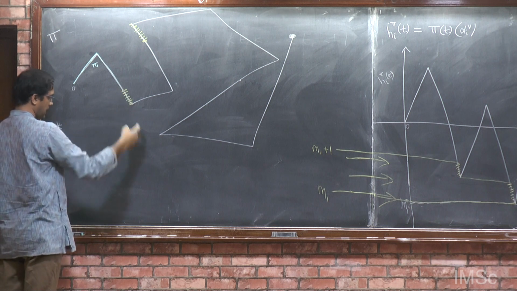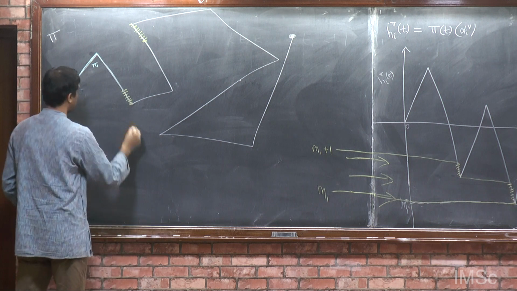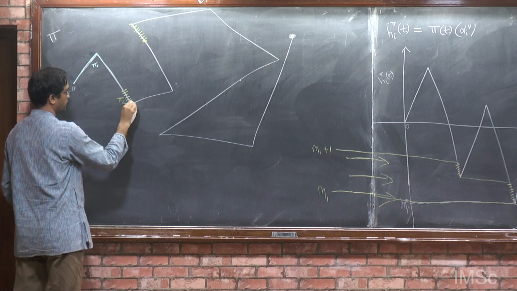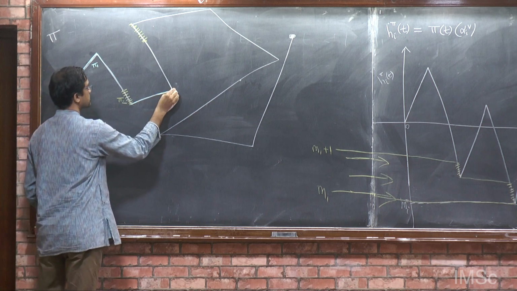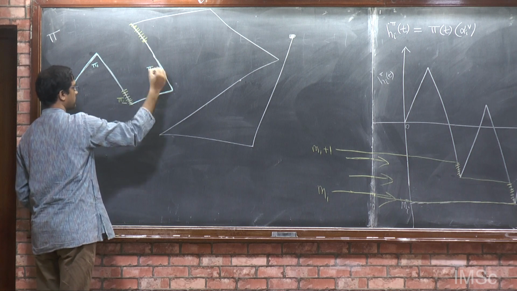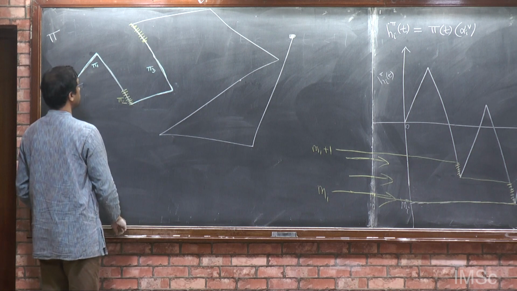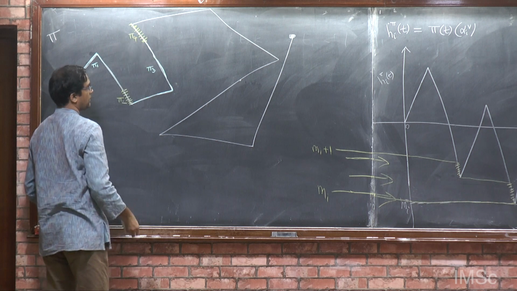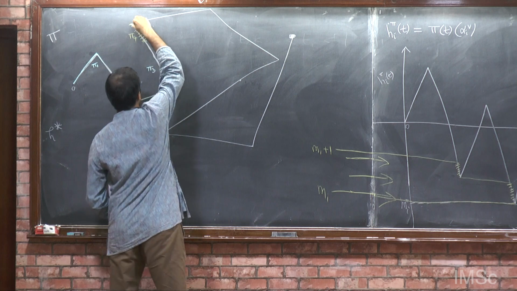Then I have one bright portion here. That path I'll call pi 2. Then again I have a dark portion of the graph, which I'll call pi 3 of the path. The illuminated portion here is called pi 4. And the rest of the path is dark, so we'll call that bit pi 5.